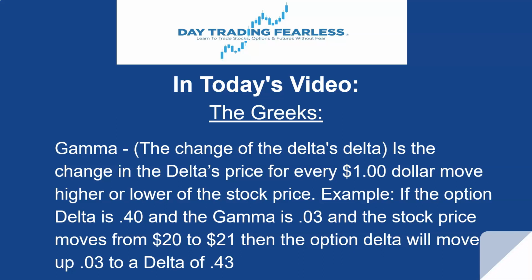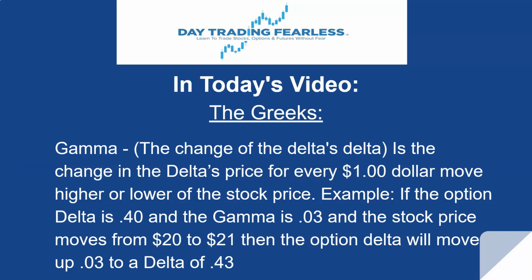Everything else is just more math of how it all works based off other factors, but it doesn't really help you in anything relevant, in my opinion. But let's just go over gamma. Gamma is the change of the delta's delta, the change in the delta's price for every $1 move higher or lower of the stock price.